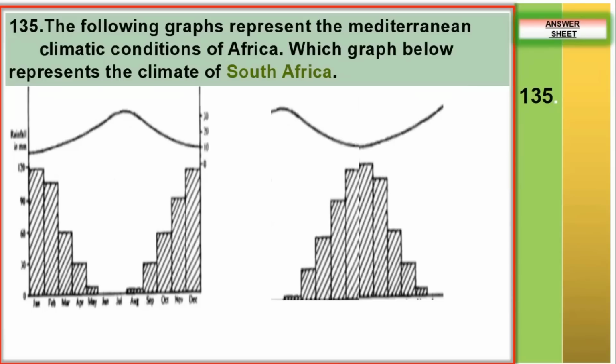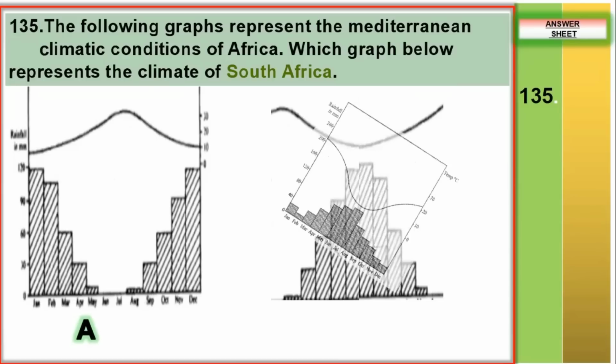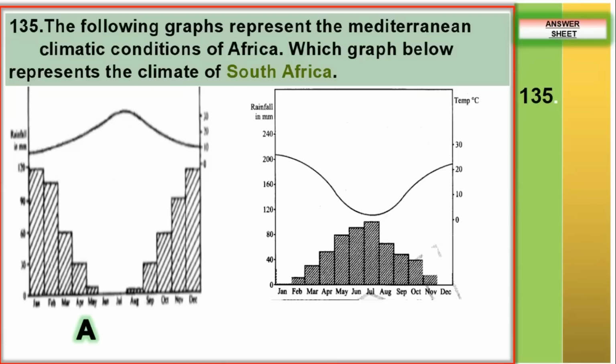So look at this graph. You can just cut at the center. We are being asked to show which one is representing South Africa, either A or B. So look, when the arrow goes up, when the temperature budges to the north, that is called Northern Mediterranean climate.